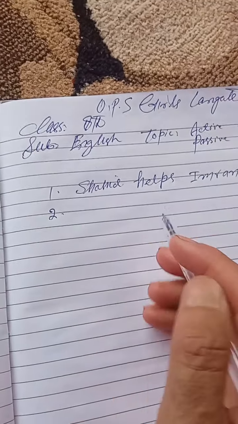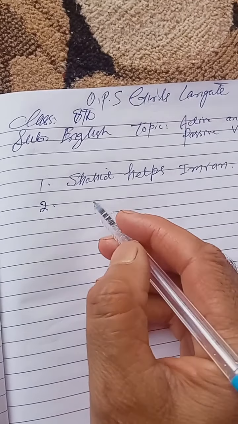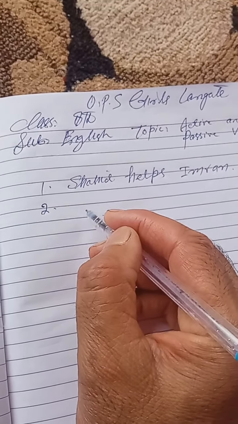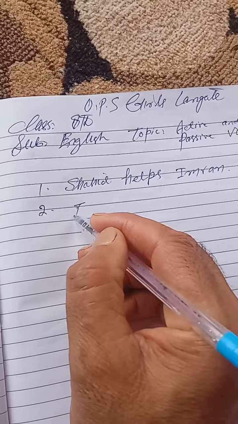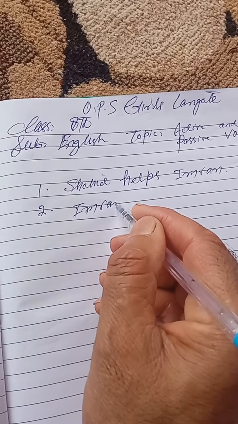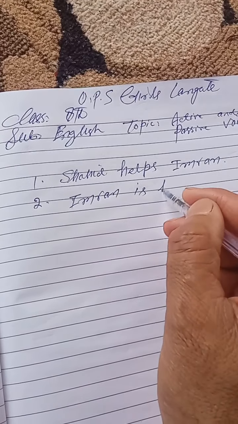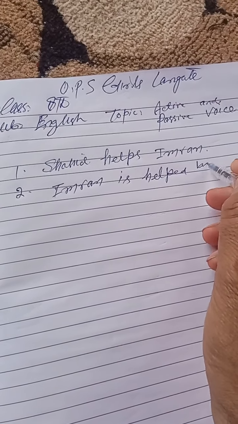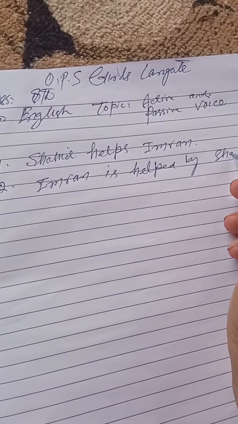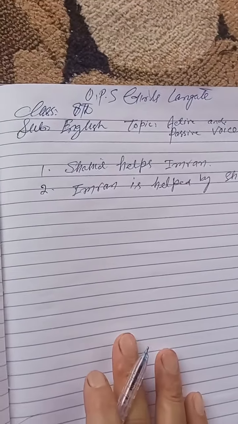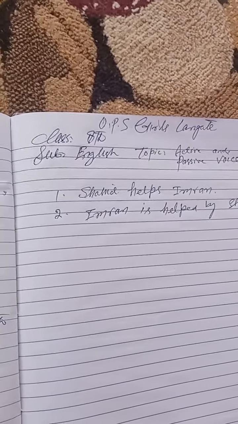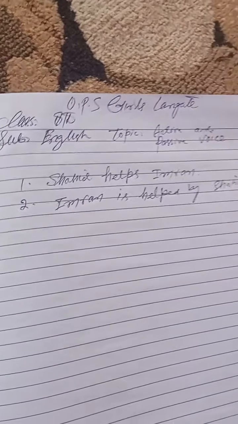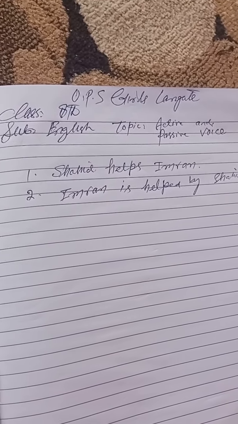Let's write the same sentence in a different way: Imran is helped by Shahid. So the first sentence is Shahid helps Imran. The second sentence is Imran is helped by Shahid.